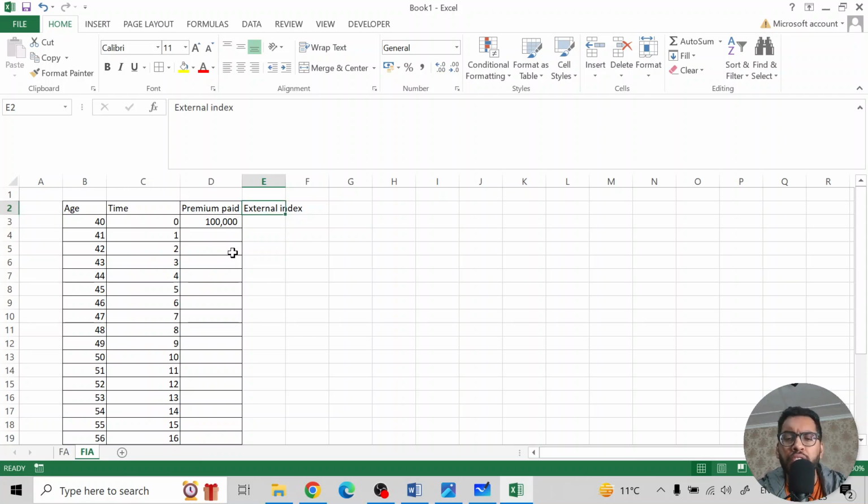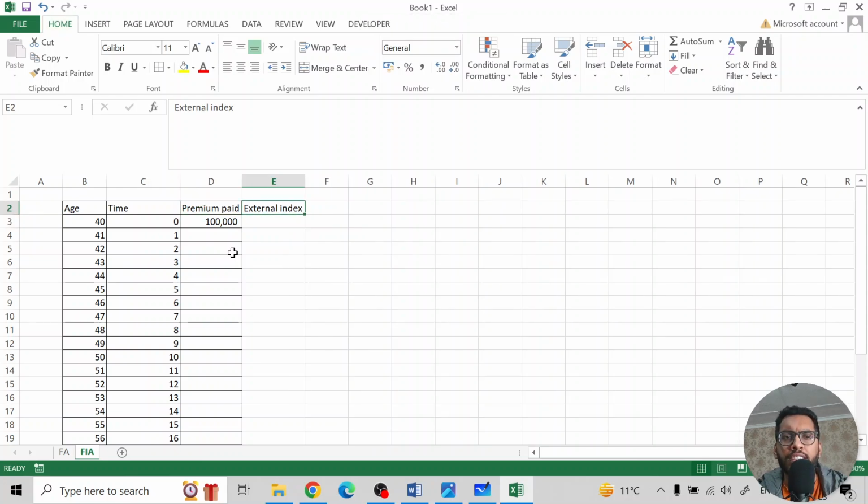Now, in the case of an external index, let's say the external index can be the S&P 500, Standard and Poor 500, Nasdaq 100, and all these different funds or different indexes. Let's say that whatever the return of the S&P is for that specific year, that return we will consider while accumulating the interest on this balance.